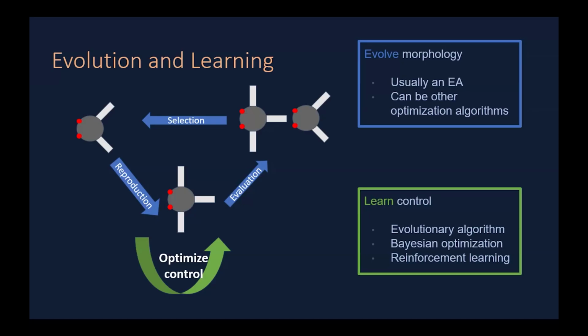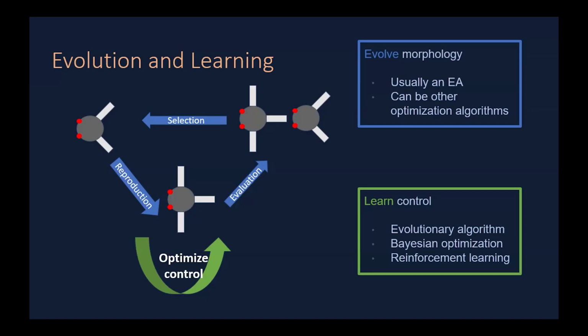This can be using an evolutionary algorithm, but for example, using reinforcement learning, you start out randomly, and then you evaluate it multiple times with a fixed morphology in the evaluation environment that you want it to be. And then hopefully it will have a better control than when you start out randomly.